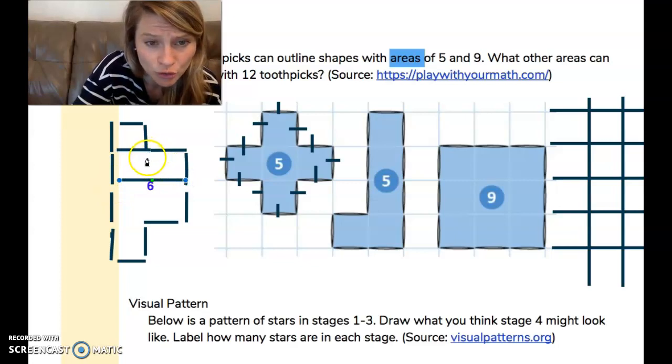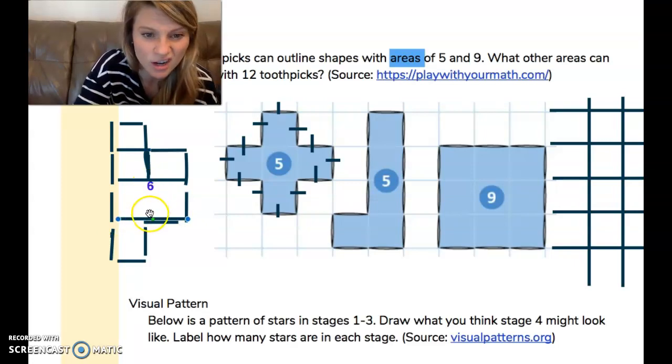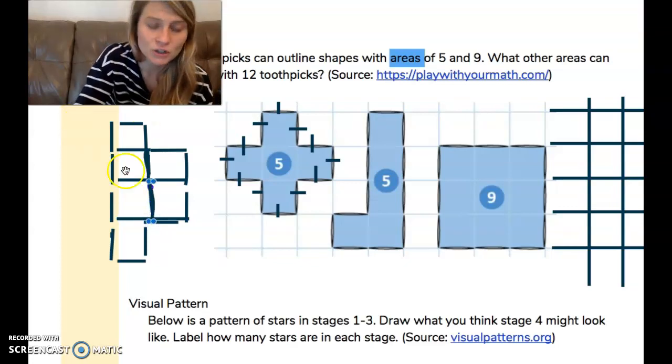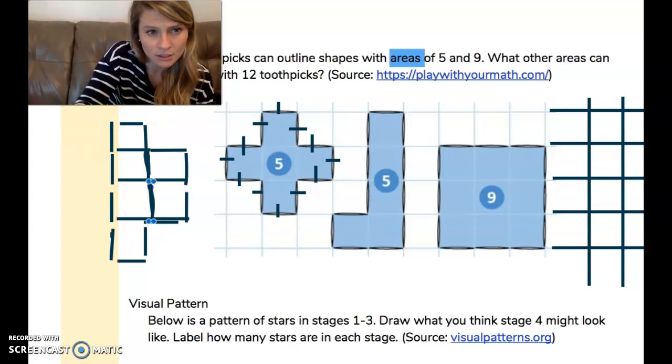Because remember, the toothpicks are on the outside making the grid, right? So even though mine looks like I'm drawing more toothpicks, I'm not. I'm just trying to show you where. There we go. So here's my toothpicks. I'll mark it. So this is a toothpick right here. Let me see if I can change this color. I think I can.